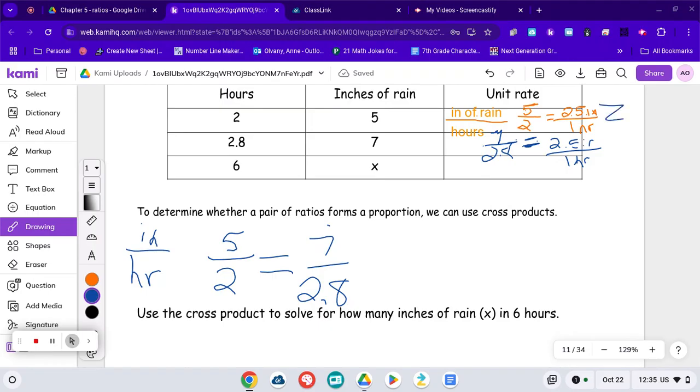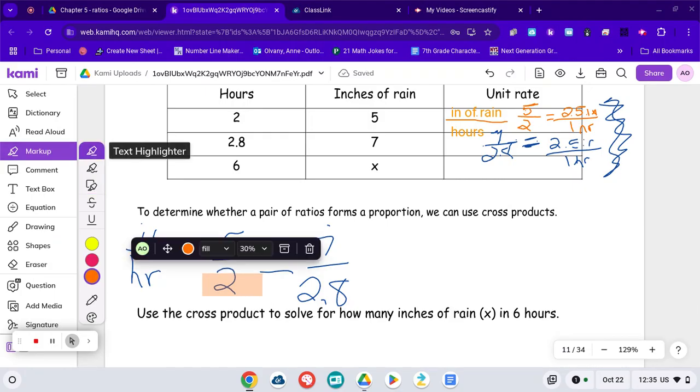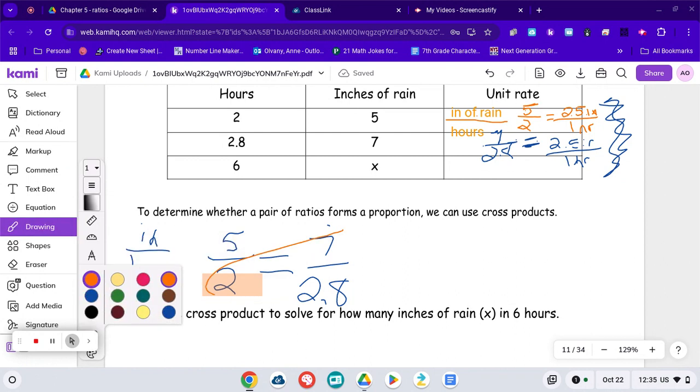And we're saying it's the same because we know their unit rates are the same. So we're going to cross multiply. We're going to start at the bottom and multiply across and up. Okay, like this.